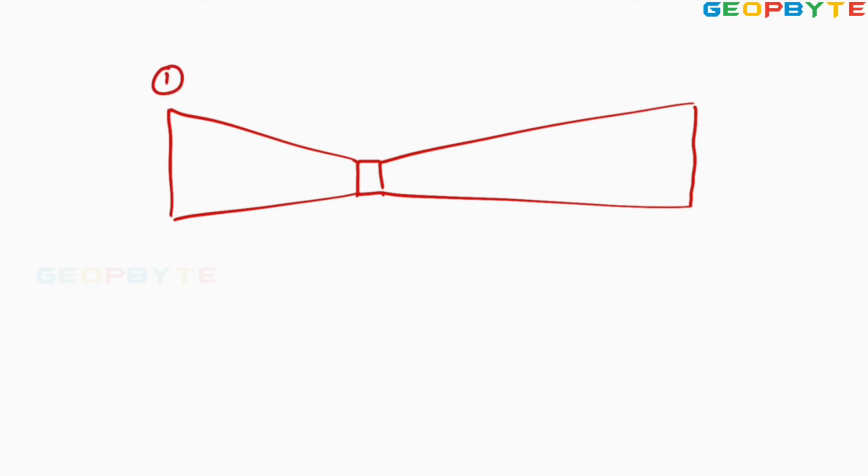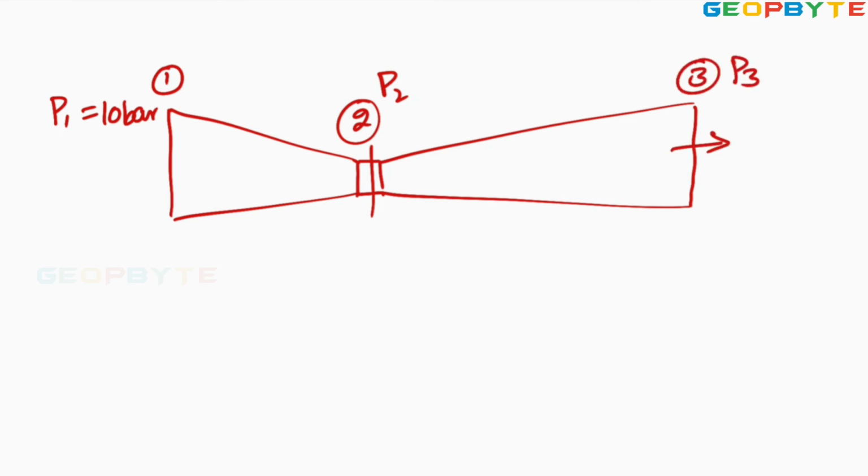Let this be section 1 where the steam pressure is P1. Let it be 10 bar. This is section 2 where the pressure is P2. And this is section 3 where the pressure is P3. Now, assume superheated steam is entering.